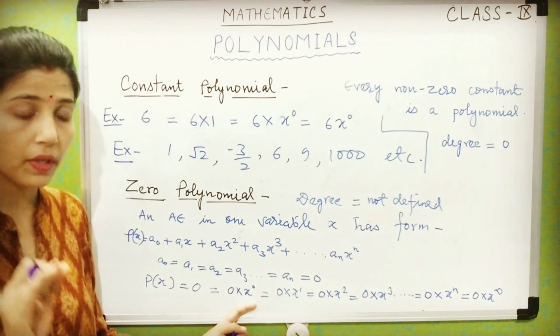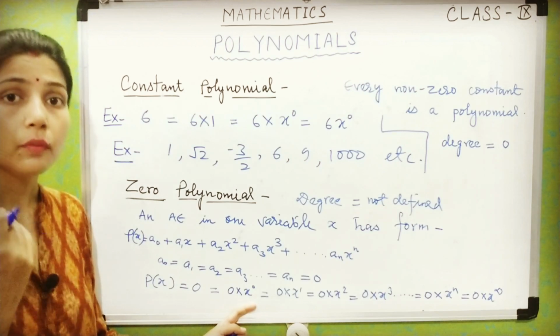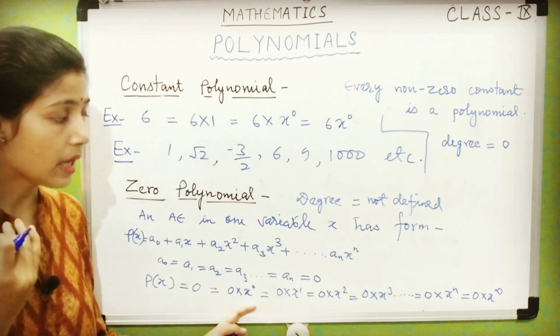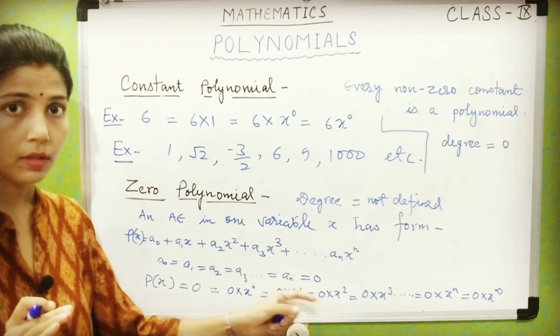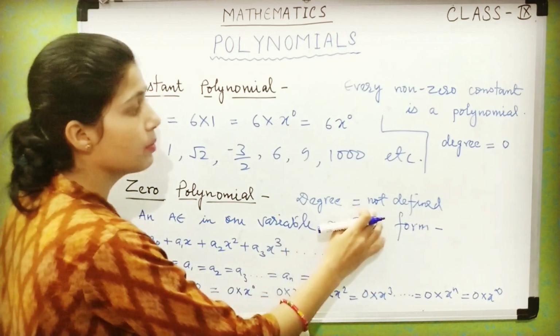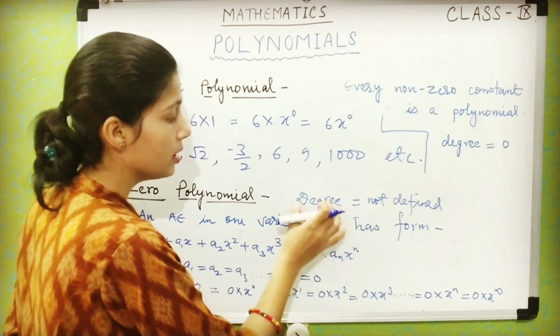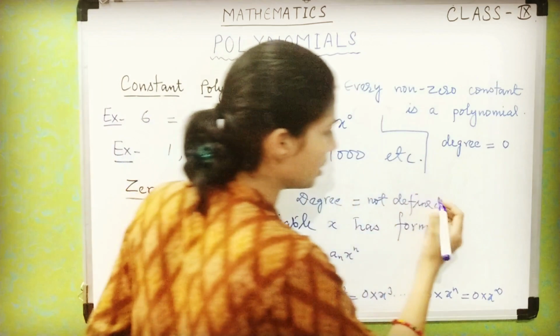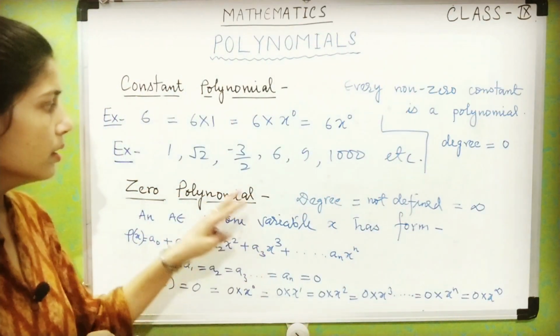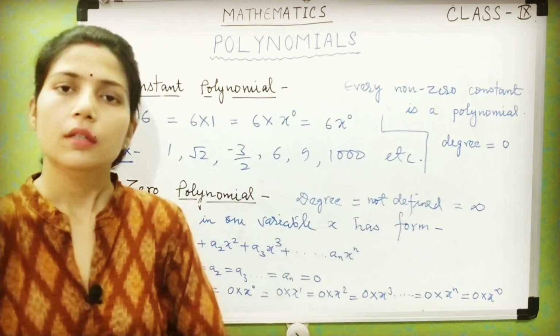That is not fixed, you can take infinity or any number. That is why we say the degree of the zero polynomial is not defined, or you can say its degree is infinity.